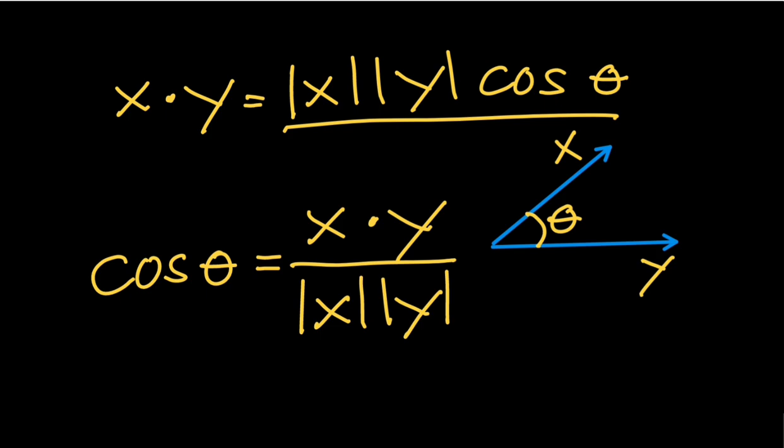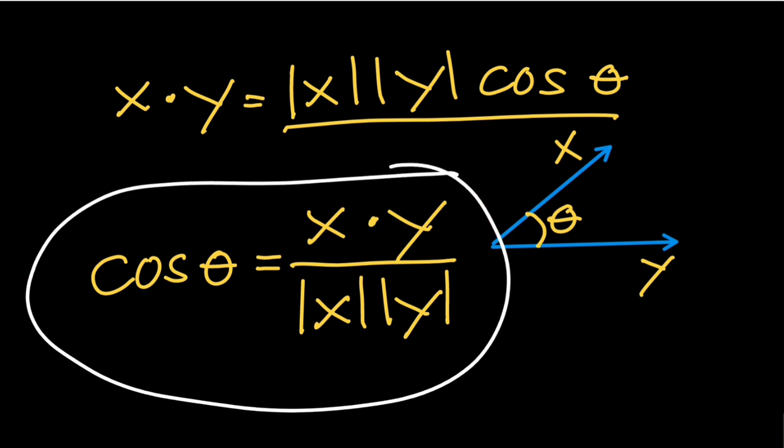So this means that if we want to calculate the angle between two vectors, we can just bring the vector lengths to the other side of the equation, and we get the cosine of the angle. So we use this formula. And this is one of the reasons why dot product is very useful, because we can calculate angles without even doing any trigonometry.